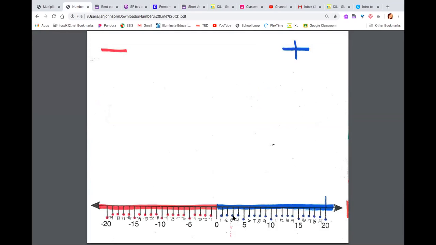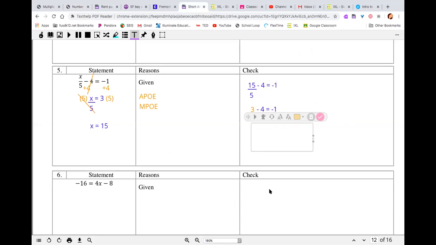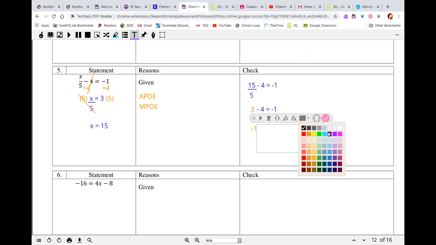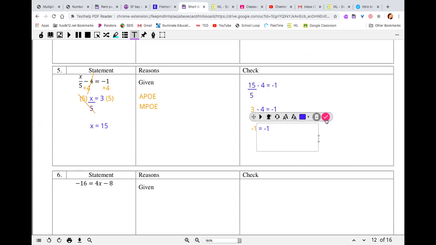I got -1. Cool. All right, 3, 0, 1, 2, 3, 4, -1. I got the same thing. All right, do they match? Yes. Yeah, -1 is equal to -1.